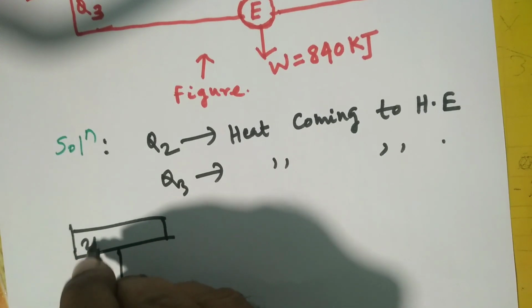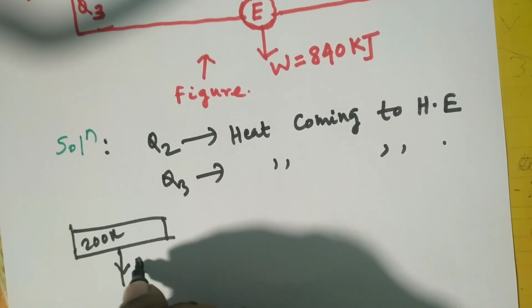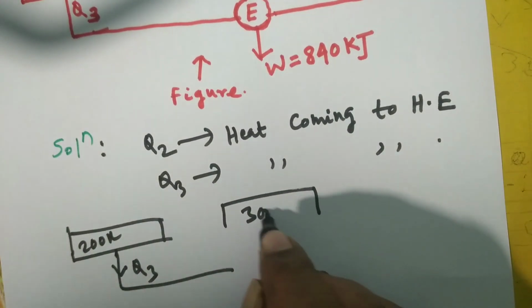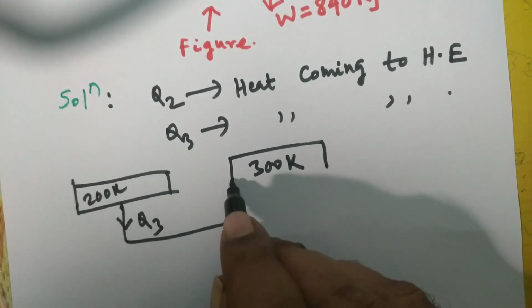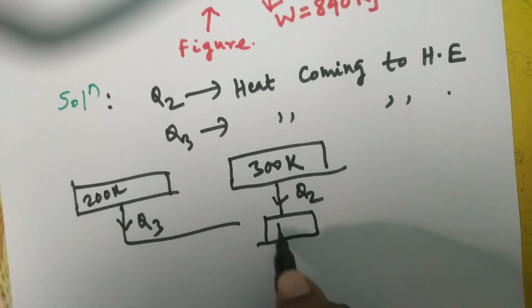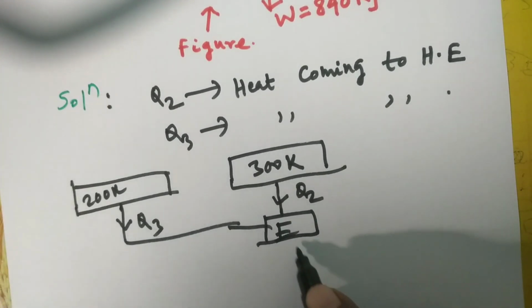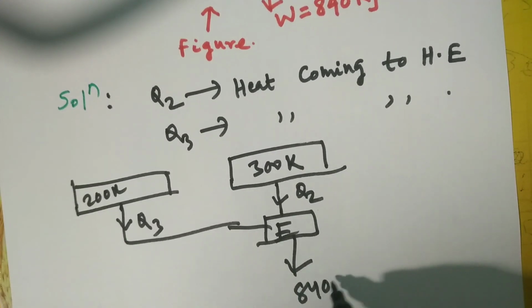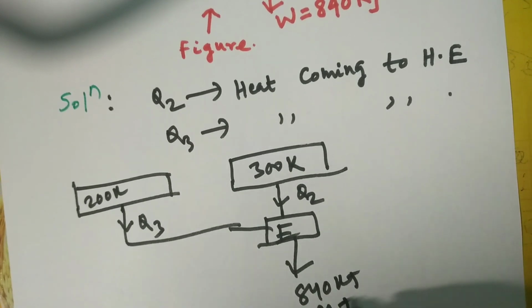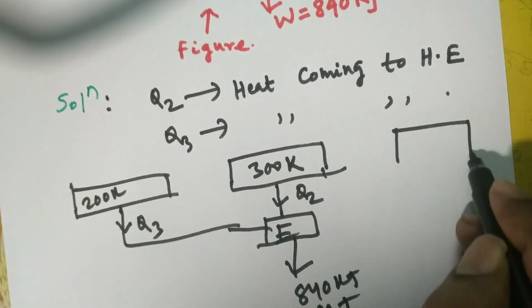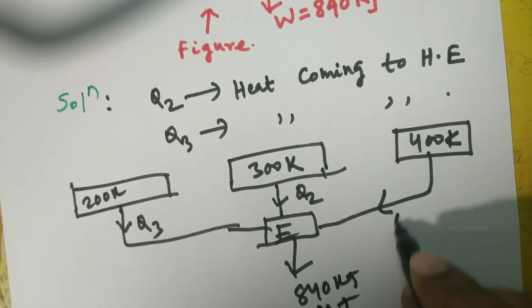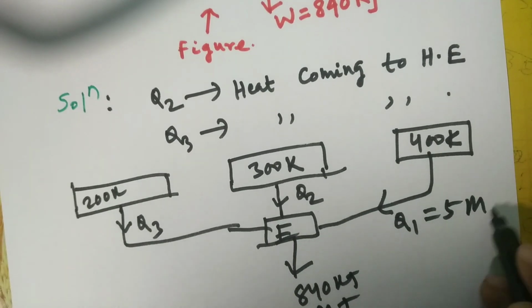So this is 200 Kelvin, and suppose this is the direction of Q3, and this is 300 Kelvin. This is the direction of Q2, and this is the heat engine, and this produces 840 kilojoule, or you can say 0.84 megajoule. Another reservoir from which heat comes to the heat engine is Q1. This is given in the question, 5 megajoule.